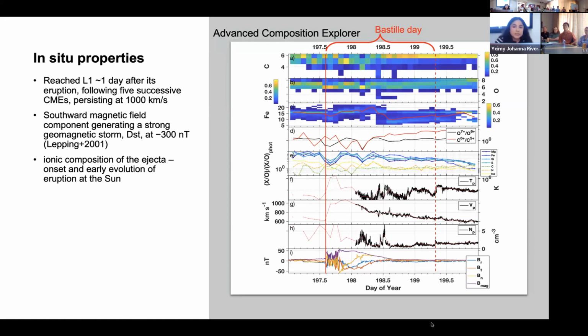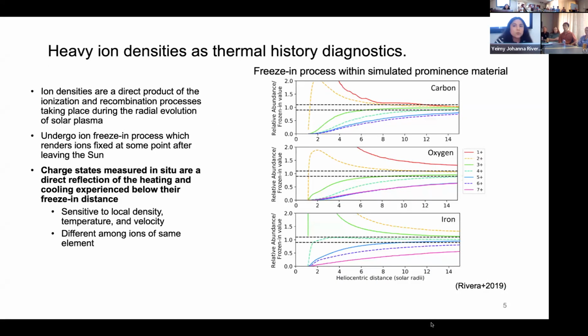That's actually a really good question, because that only works if they froze in under ionization equilibrium. Right? That means that if you were to look at the distribution of charge states, you'd be able to predict the electron temperature that formed that distribution. But they weren't in ionization equilibrium.